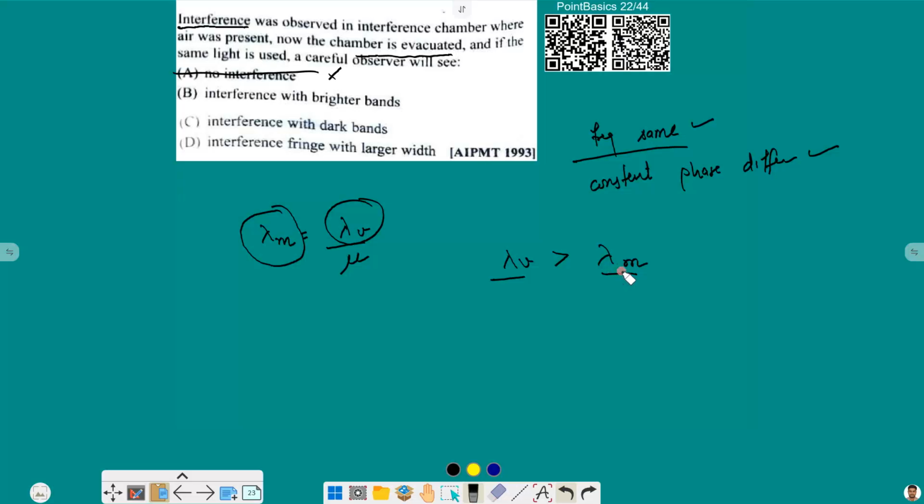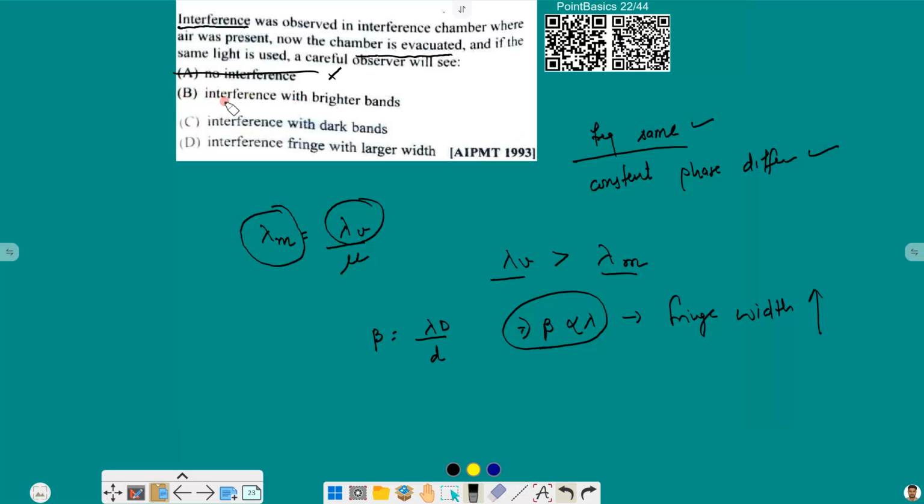If the wavelength increases, we know the fringe width, that is beta equals lambda capital D by small d, so beta is proportional to lambda. So fringe width will increase as we evacuate the chamber.